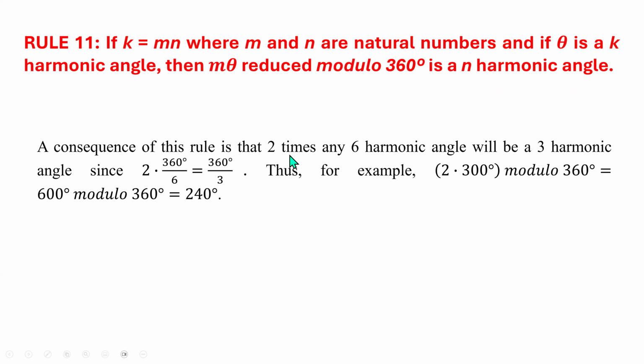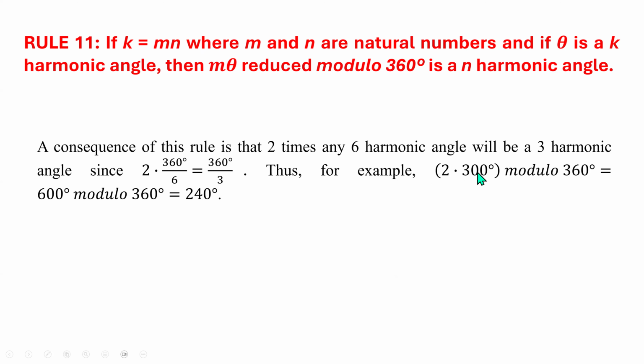A consequence of this rule is that 2 times a 6 harmonic angle will be a 3 harmonic angle. That's basically because if you take the root 6 harmonic angle, multiply that by 2, you can cancel out 2, and this reduces to the root 3 harmonic angle.